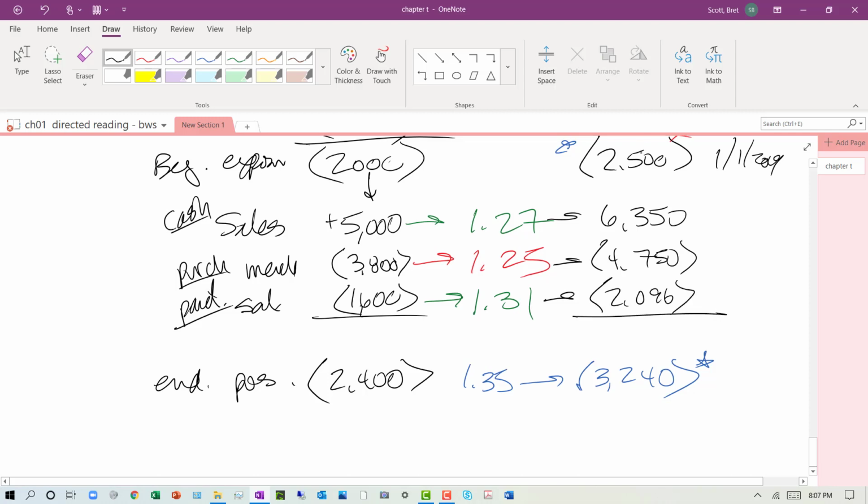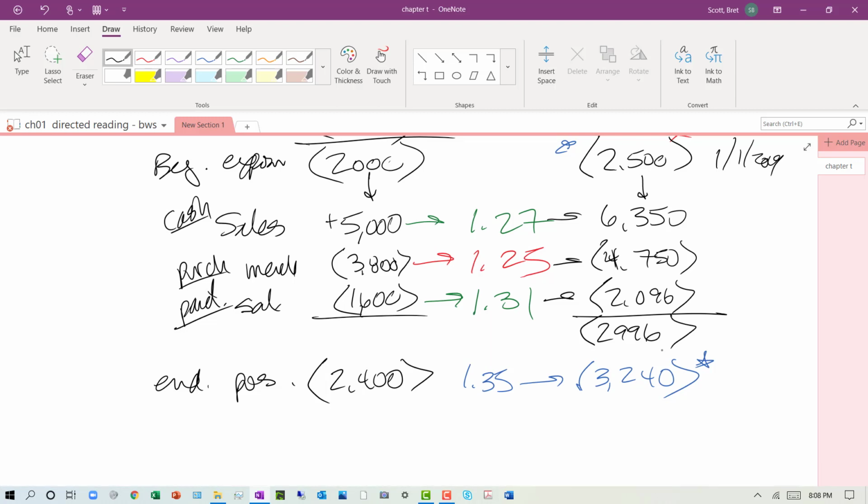Now, if I'm looking at the 2500 negative position, my negative beginning position, and I add 6350, take away 4750, and another 2096, my loss position now is 2996. That's the true ending position.